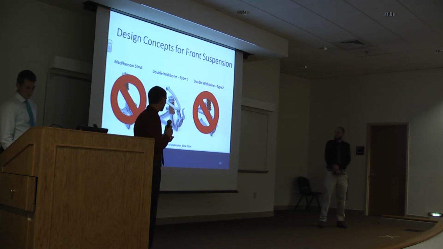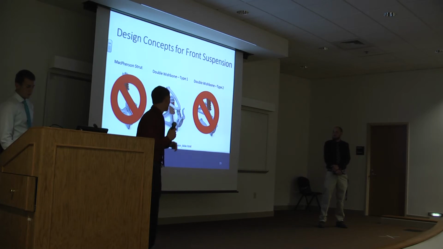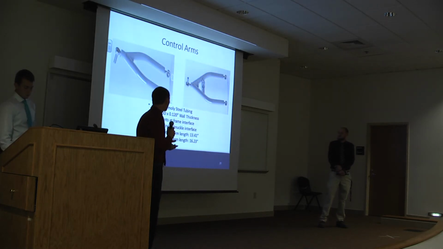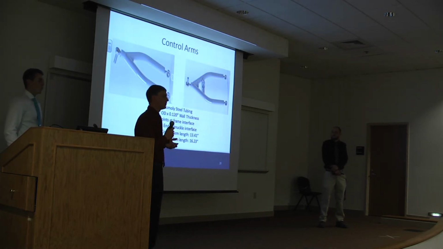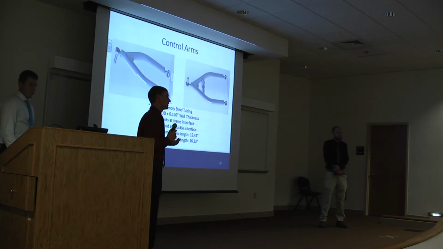Here you can see that the shock absorber is mounted to the lower control arm instead of the upper control arm, which again allows us to reduce that vertical space needed. The control arms, both the upper and lower control arms, were made of 4130 chromoly steel tubing. The reason for this is it's a material that's already been approved by Baja SAE.